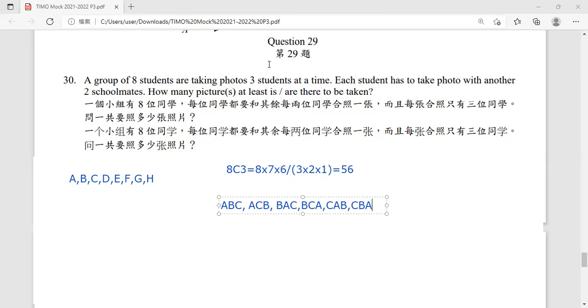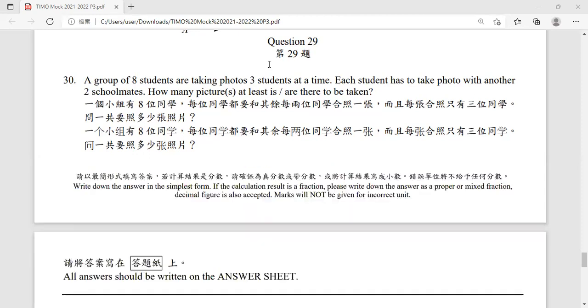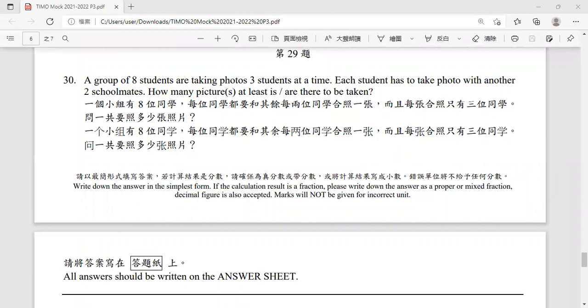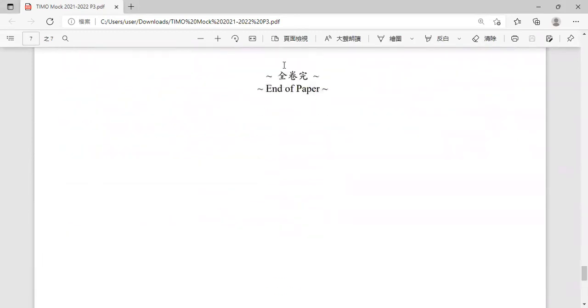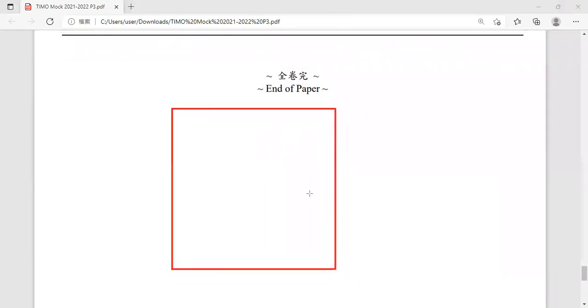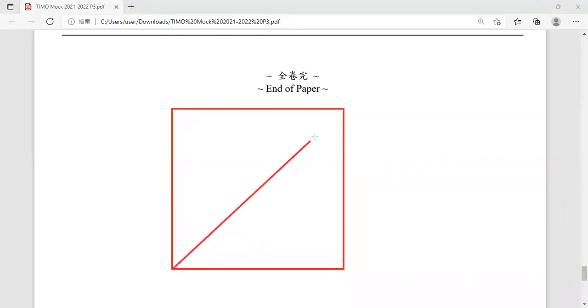Okay, before we stop, I give you one more question to try. We have a square here. I know that the diagonal here.